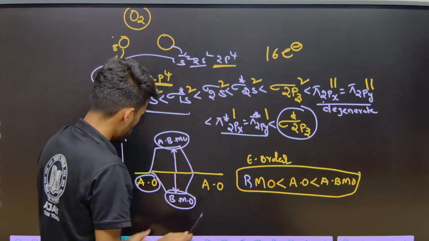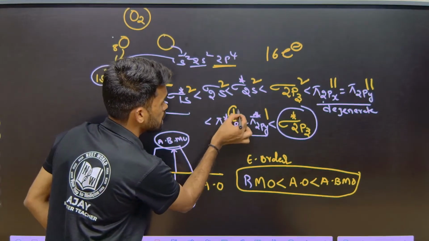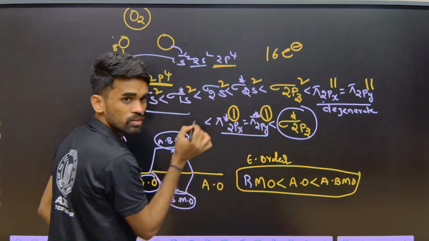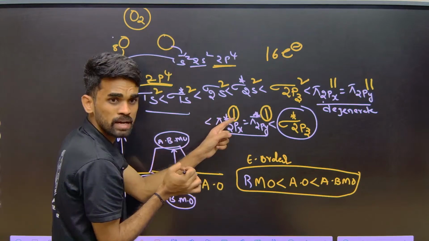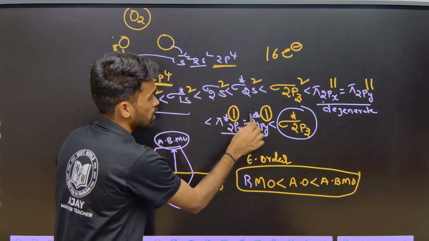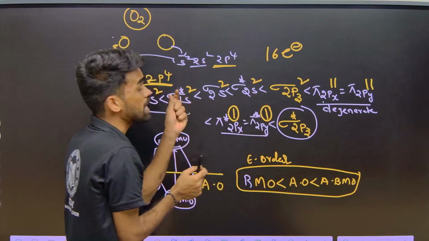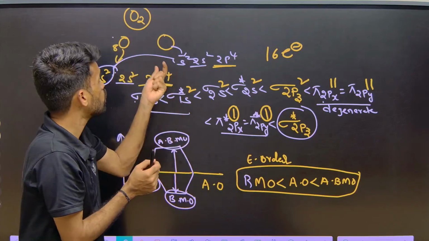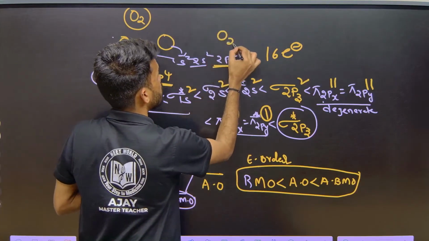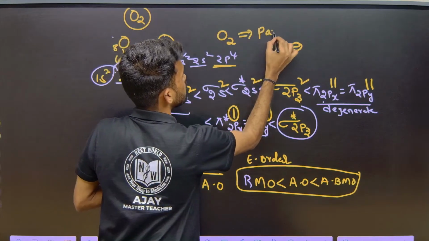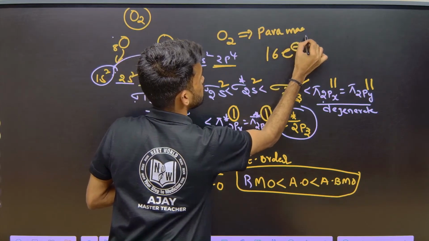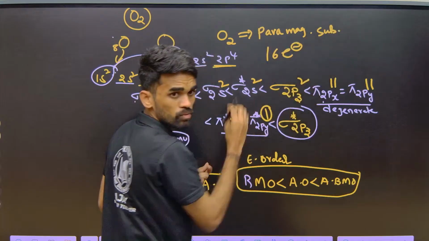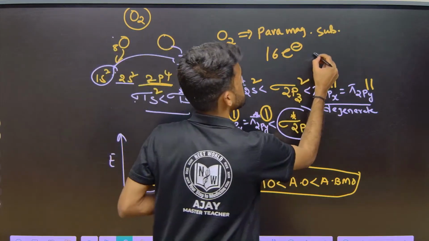Now if you see how the electrons are here, one electron is there. Are they paired? No. If unpaired electrons are present, the substance has a magnetic nature. Therefore the O2 molecule is considered paramagnetic. What is its magnetic moment?